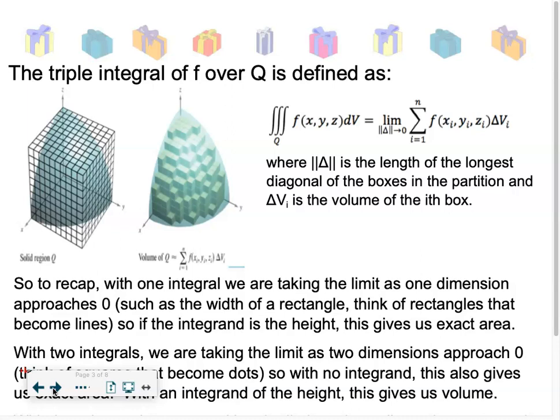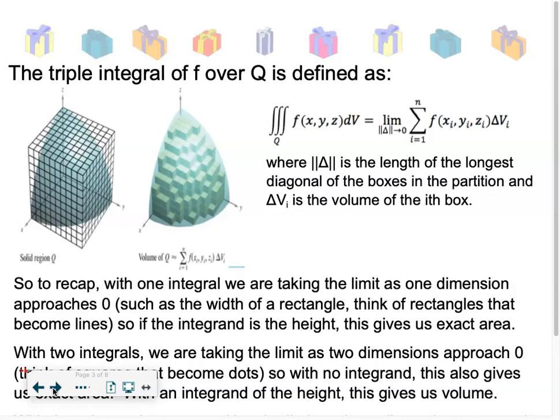You add them all together. Well now, instead of just the delta x going to 0 and the delta y going to 0, we have an ordered triple. Delta x, delta y, delta z, all three of them close in around a dot, and then you take all the dots in the entire space, add them all together, and you get the volume of the space.